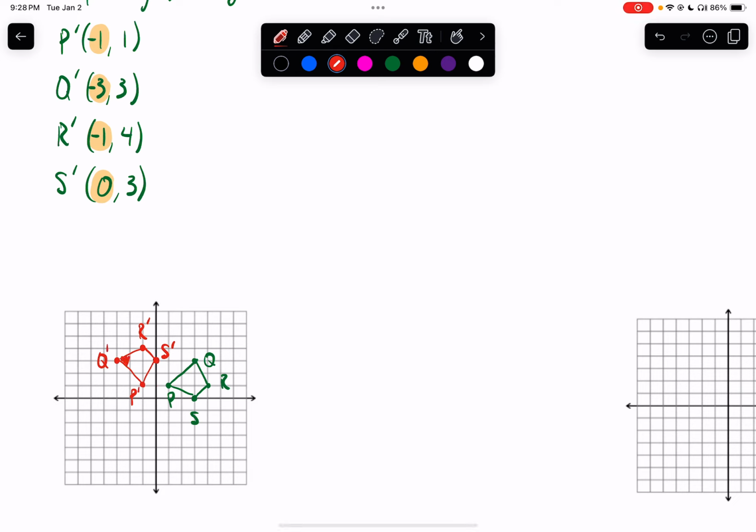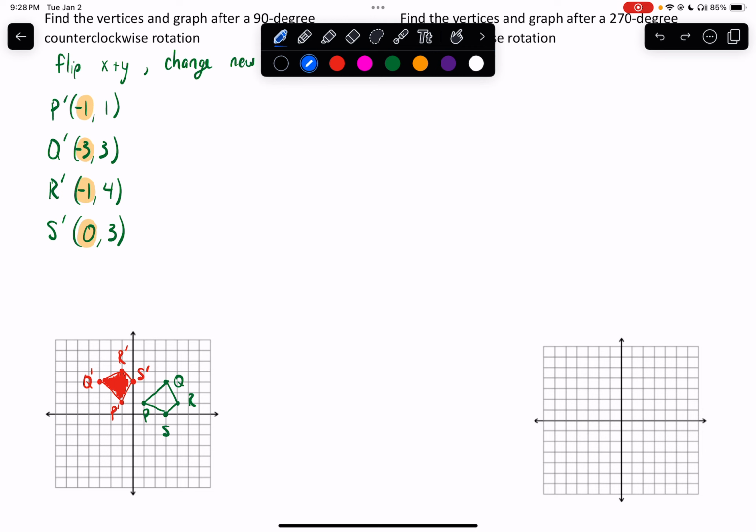Right there. I'm going to fill that in just so we can see what we ended with. And so again, what this should be illustrating is that around the origin, I am moving this shape 90 degrees that way. It's a 90-degree counterclockwise rotation.